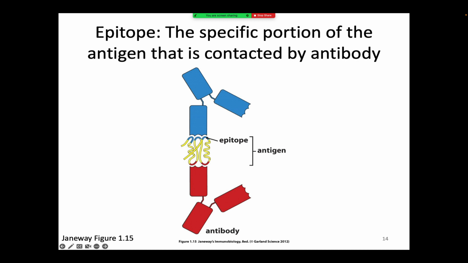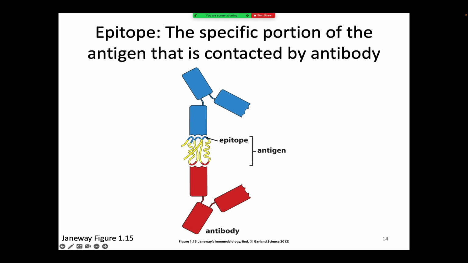So antigens might be some kind of whole big protein. Here it's this whole little square. But we can divide up antigens. And we can think about the specific points on the molecule. The example that I'm showing here is a protein, and I will be pretty much using protein examples throughout today, but do remember this could be something other than a protein as well.